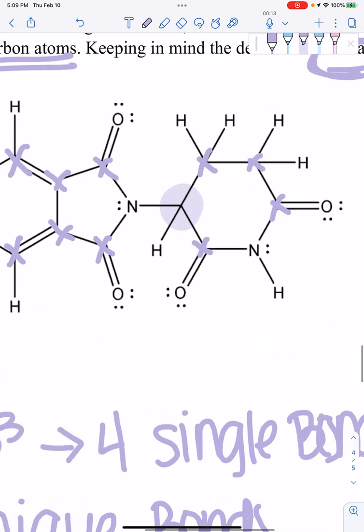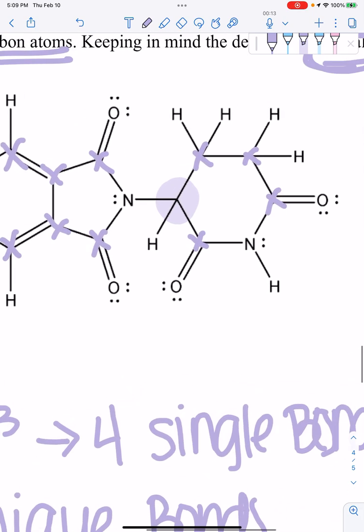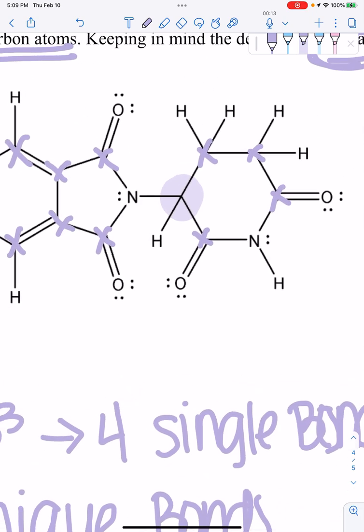on our correct answer here. So it says that we need 4 unique bonds. And so you might be asking, well, why is this carbon and this carbon unique? Because they're both carbon atoms. Well, the environment around those carbon atoms is actually unique enough that it distinguishes those 2 carbons.